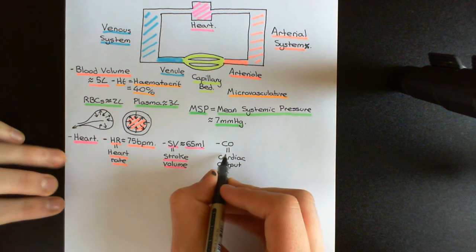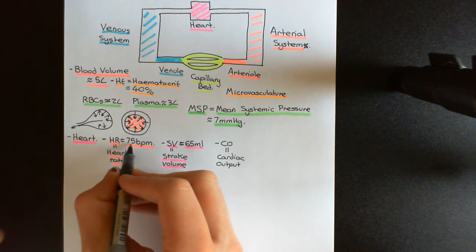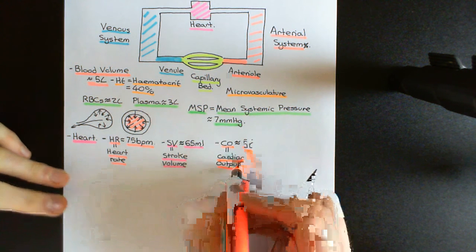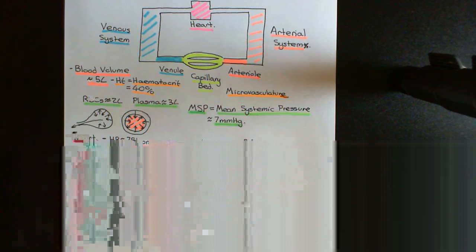So if we want to know how much blood it will move in a minute, we just multiply this by this, and you get approximately 5 litres. So it actually moves in a minute the same volume that is in the entire blood system. Remember, the entire blood volume was 5 litres.